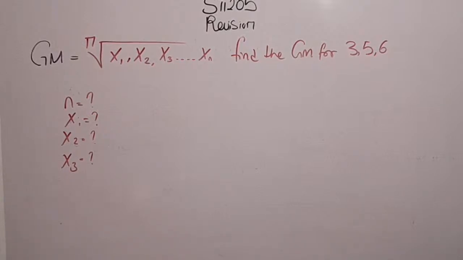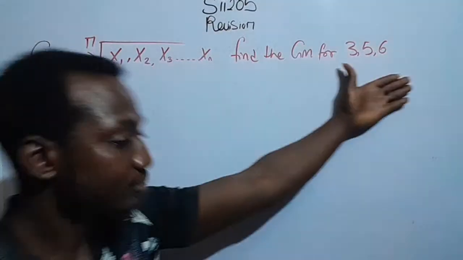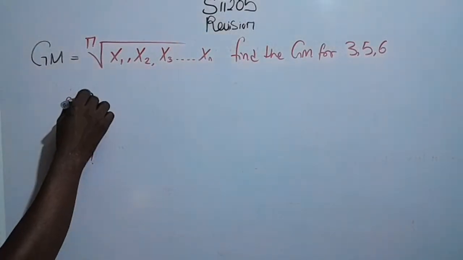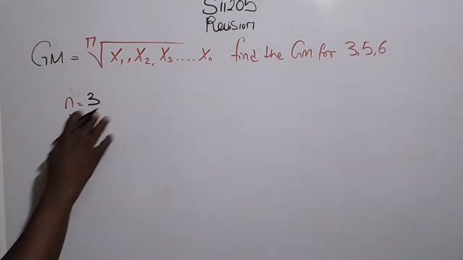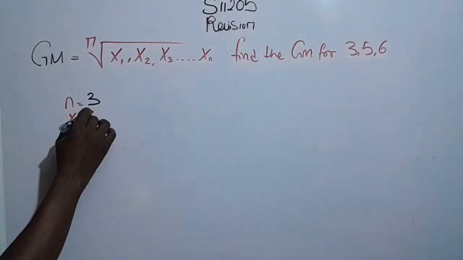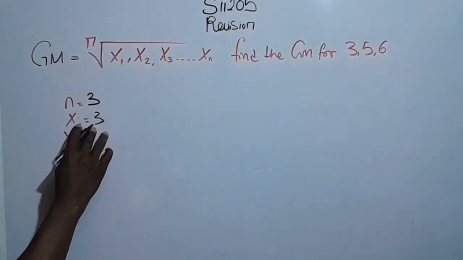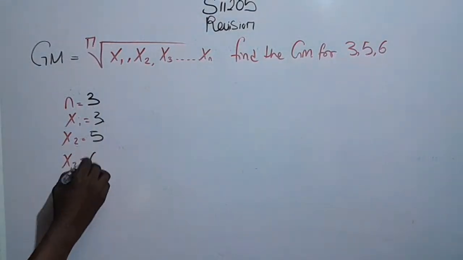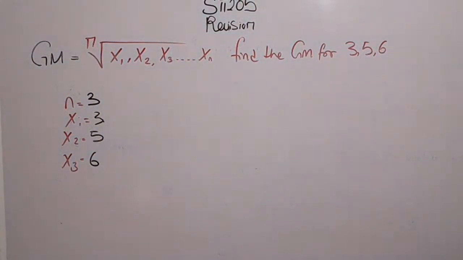Look at it. Our n is 3 because we have just 3 elements. So 1, 2, 3. That's our n. So our n is 3. Our x1 is also 3. Our x2 is 5. And our x3 is 6.